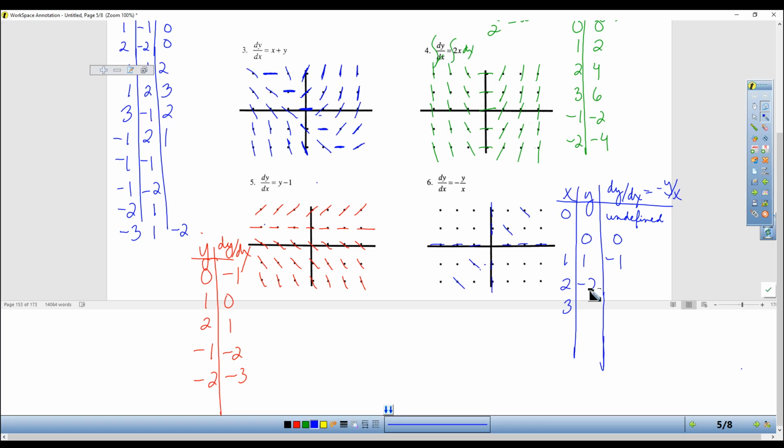So 2, negative 2 would make negative 1, but since it's negative, it'll actually end up being positive 1. So whenever these are opposite, so 2, negative 2 will produce 1, 1, negative 1, negative 1, 1, and negative 2, 2.